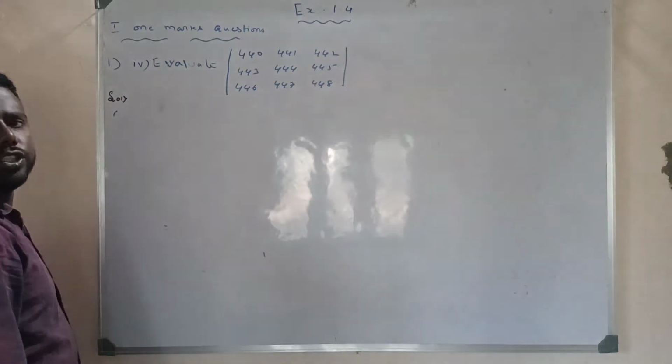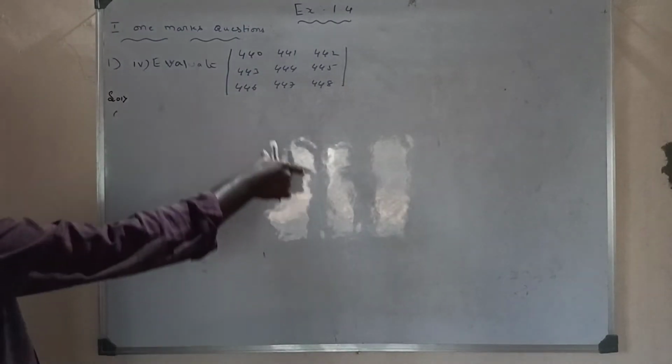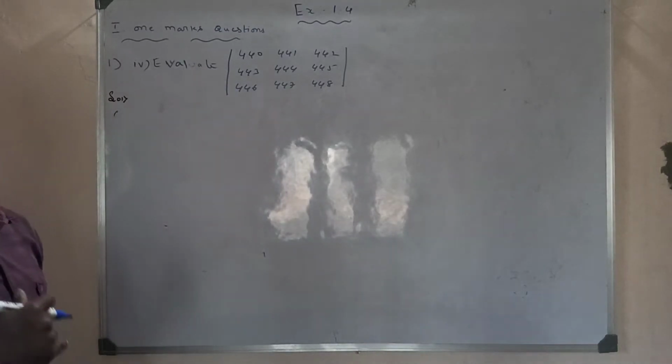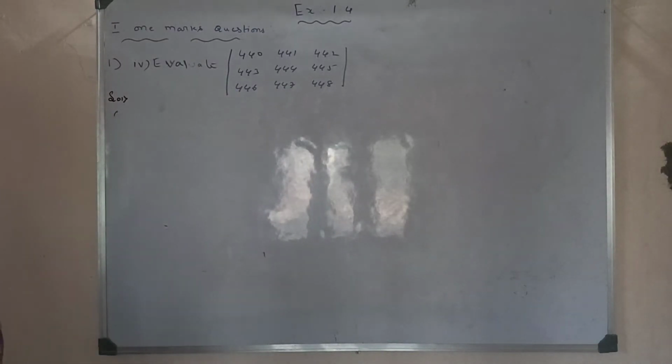In the above three questions they gave only a 2 by 2 matrix, but in this question they gave a 3 by 3 matrix. Here also you should apply row operation or column operation.